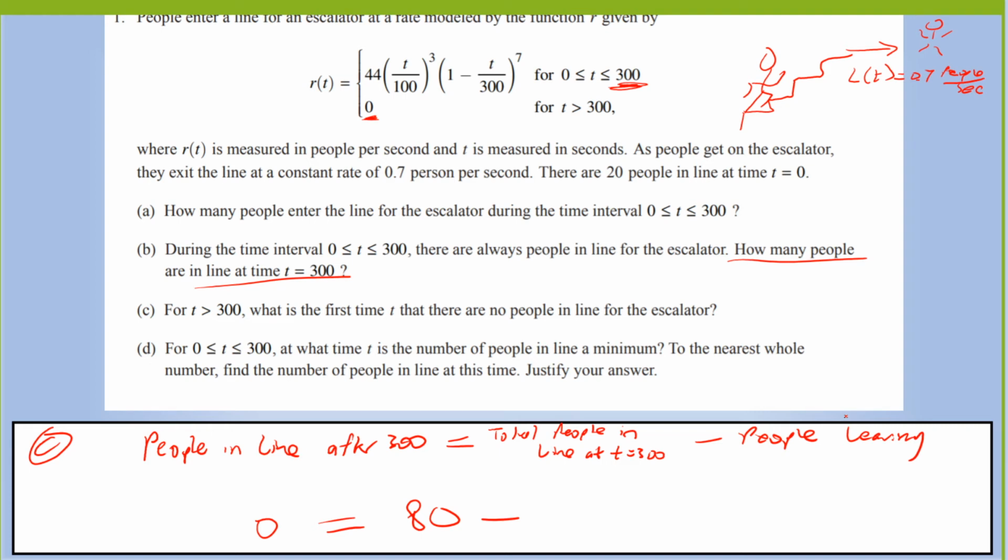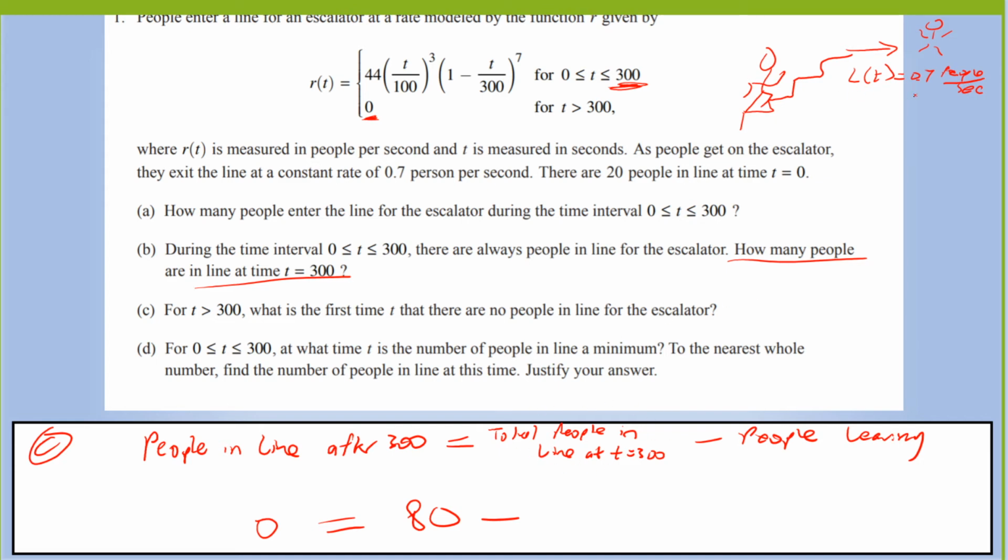What's the total number of people leaving, if they're leaving at a rate of 0.7 people per second? 80 is the total number of people in line right now.